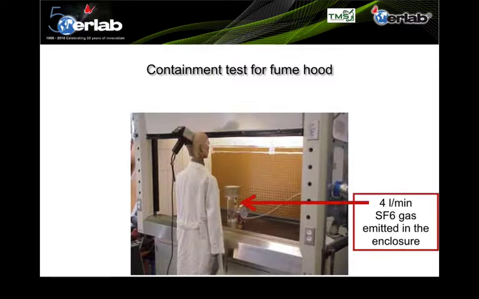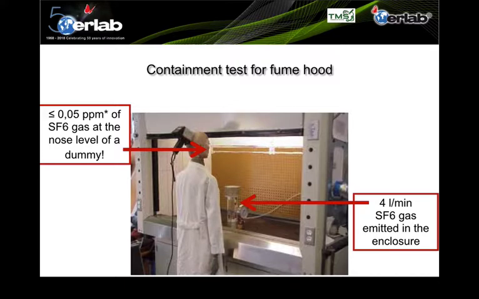Basically, they emit SF6 gas inside the enclosure at a rate of 4 liters per minute. They use SF6 because it is a synthetic gas. It's very light, so it is suitable to challenge the containment of the fume hood.